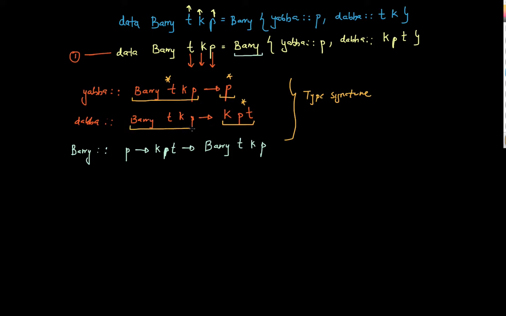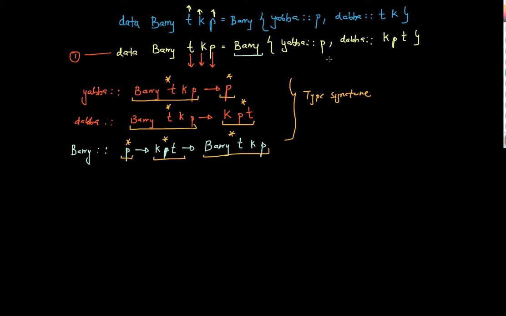I'm just using knowledge that I already know and putting that in place here. So what I know at this point is that the kind for p is a star, and the kind for this k, p, t must be a star as well.